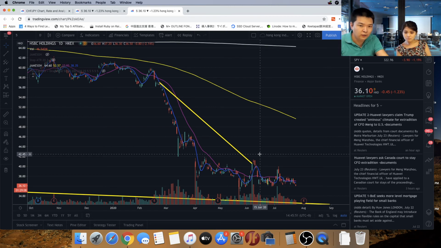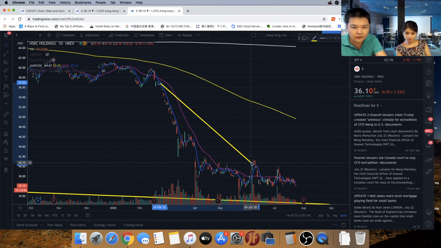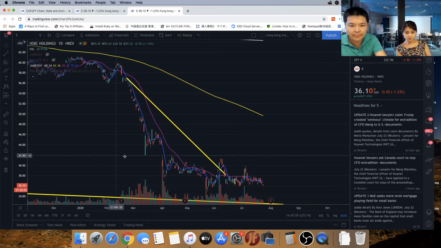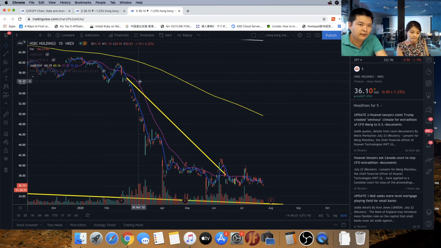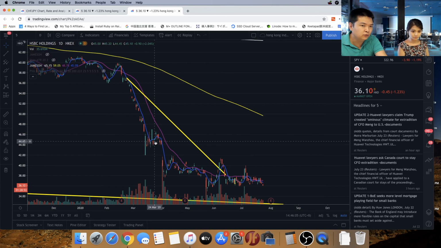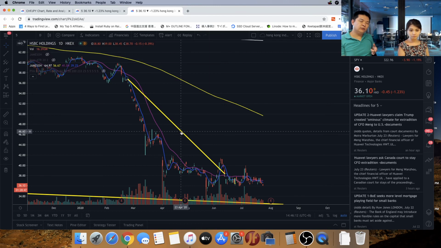So I don't know which one, but I would either enter somewhere here or maybe bounce back down here. So identify the pattern that the 20 works better than this one. Once you know that it looks better, you start giving more priority to that one instead of the 5.